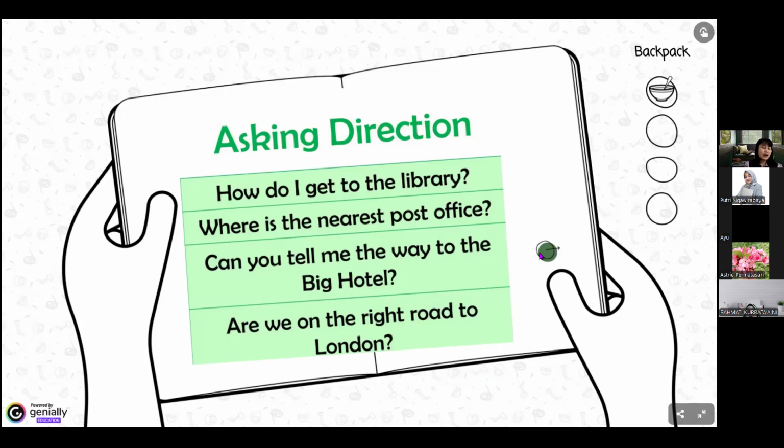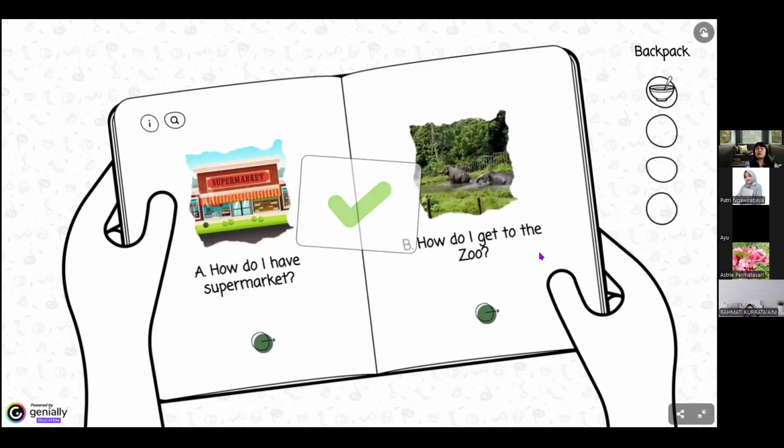Okay, now I have a question for you. Look at this one. I have pictures here. Picture A, the first picture: How do I have supermarket? Picture number 2: How do I get to the zoo? Which one is the correct expression for asking direction?